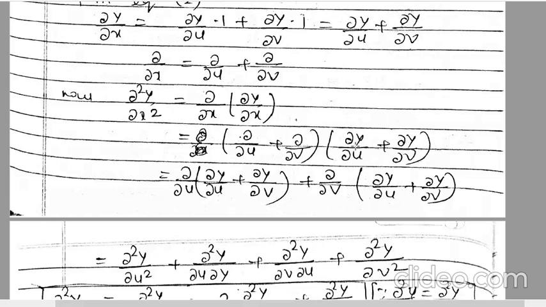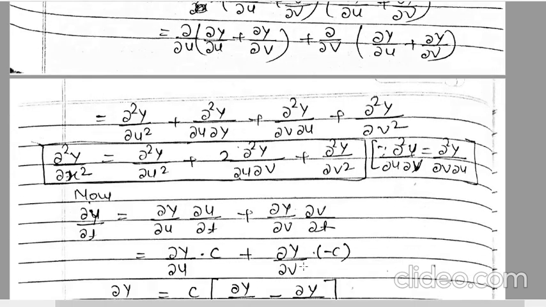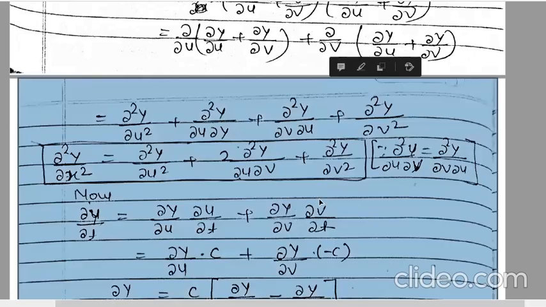Just operate this, so you will get del upon del u of this bracket plus del upon del v of this bracket. Now del 2y upon del u2 plus del 2y upon del u del v, del 2y upon del v del u, and del 2y upon del v2. We can write that the mixed terms are equal, so del 2y upon del x2 is equal to del 2y upon del u2 plus 2 times del 2y upon del u del v plus del 2y upon del v2.